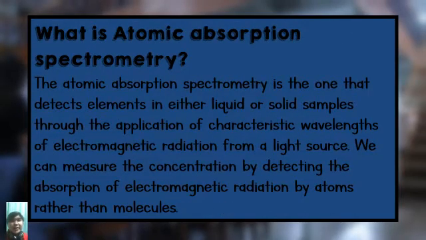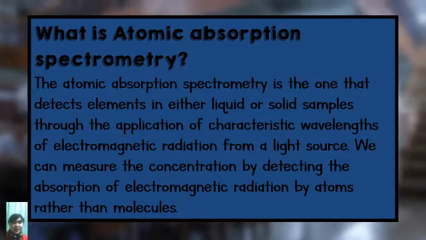So what is atomic absorption spectrometry? Atomic absorption spectrometry detects elements in either liquid or solid samples through the application of characteristic wavelengths of electromagnetic radiation from a light source.